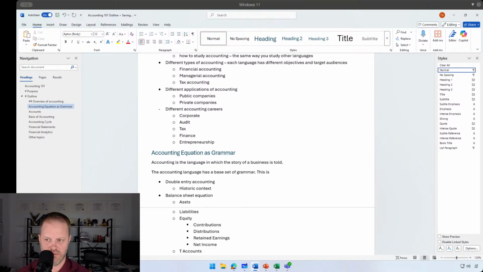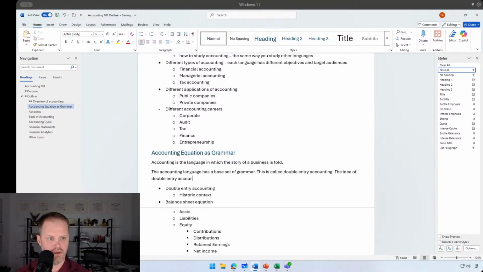This is called double entry accounting. The idea of double entry accounting is that everything that happens can be translated into the accounting language. That sentence doesn't make sense.